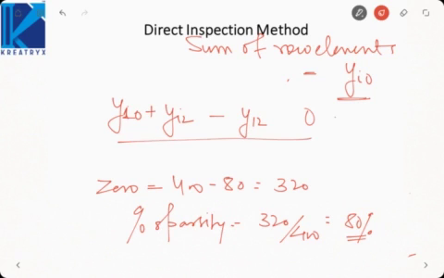If you sum it, you will get y10. That is the admittance between bus 1 and ground. If bus 1 is not connected to ground by any admittance, then the sum will be 0. It is non-zero only if there is an admittance between the bus and ground. So whenever you are asked about the admittance between a bus and ground, you will just sum up that row.